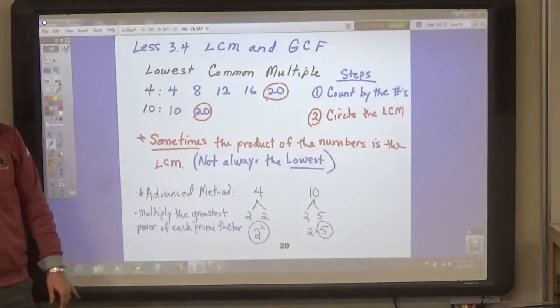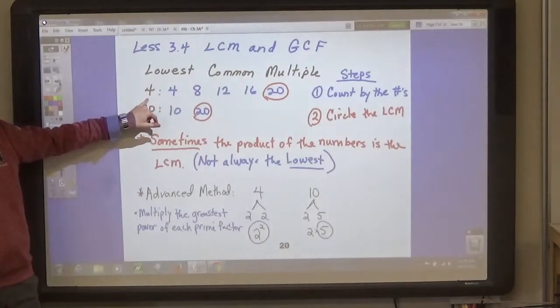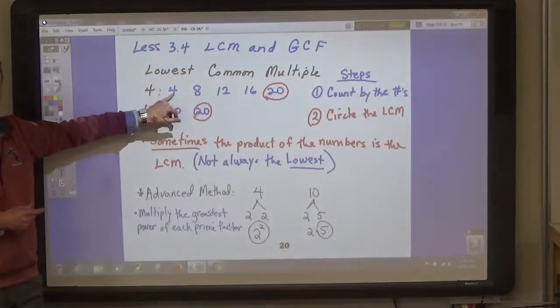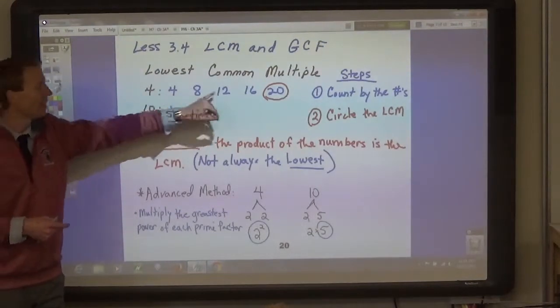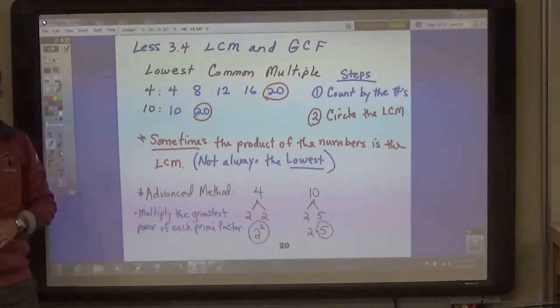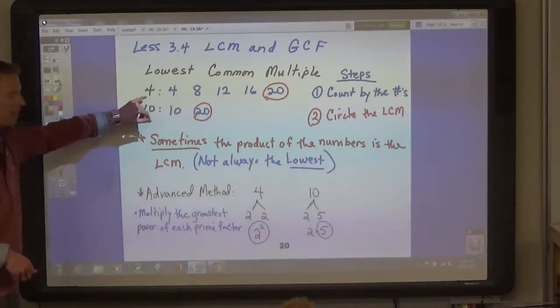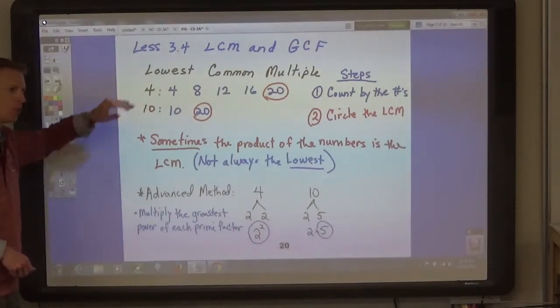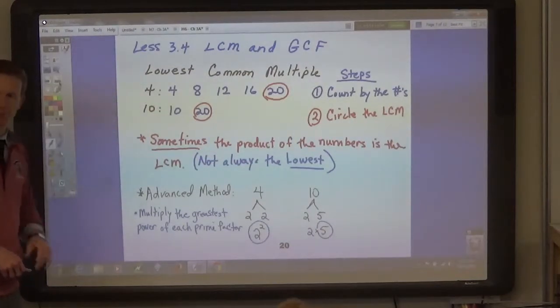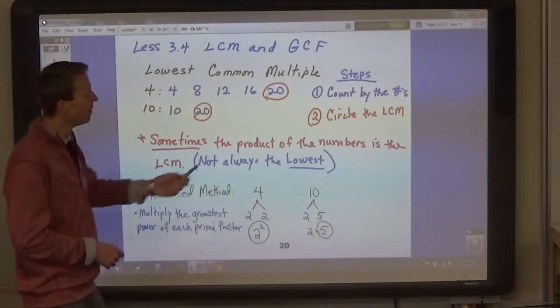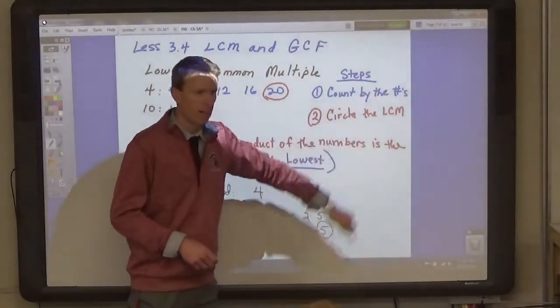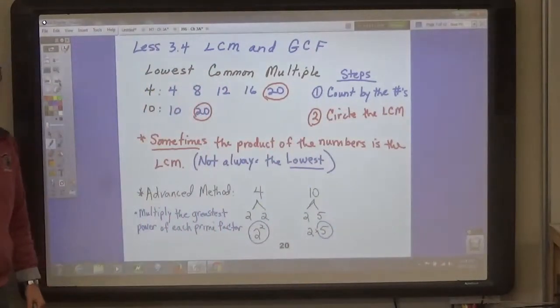They're called multiples of 4 because if you start with 4 and multiply it by 1, 2, 3, you get 4, 8, 12, and so on. That's how you can remember what multiple means: multiply 1 times the number, then 2 times the number, then 3 times the number. Or simply count by that number: 4, 8, 12, 16, 20, and so on.